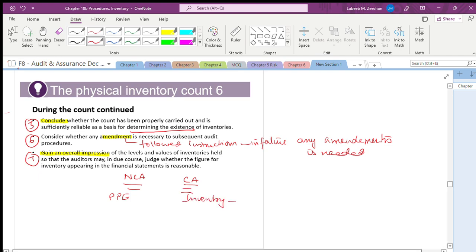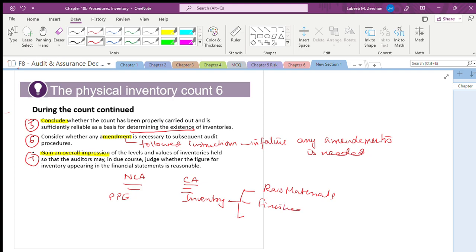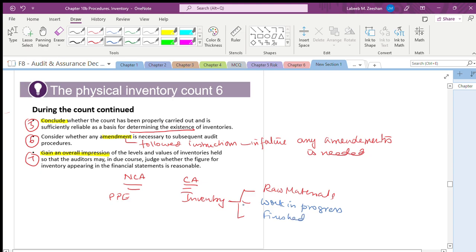Inventory will be in terms of raw materials, in terms of work in progress, and in terms of finished goods.